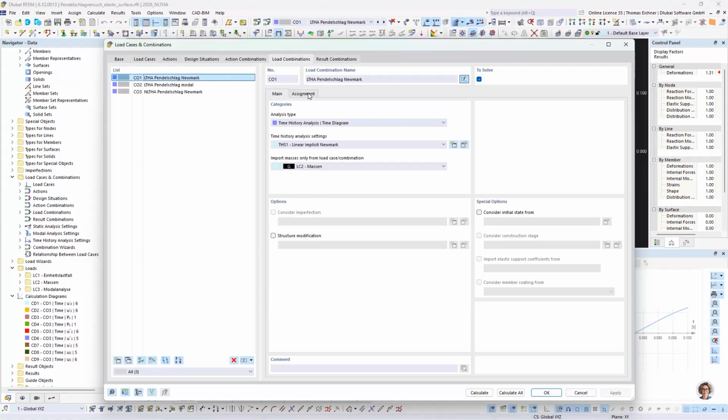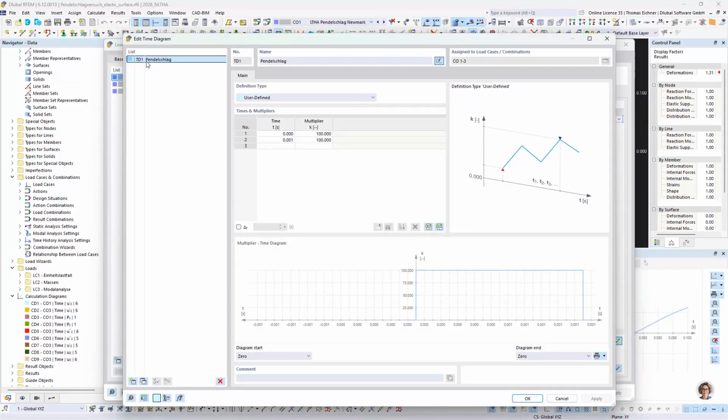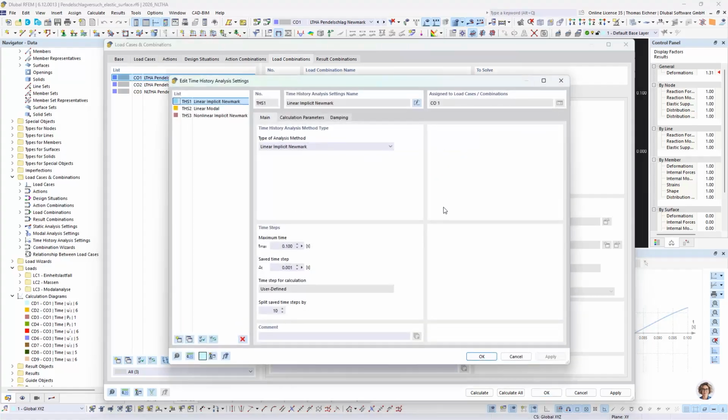So we can look at the assignment. What we did there is we have our unit load case, which has 1 kilonewton, and we assigned it with our Pendelschlag. It's a pendulum impact in German. There we have the 0.01 seconds, and we have this multiplier with 100. So that's what we do there. Okay, done with that. We can go and look at our time history settings.